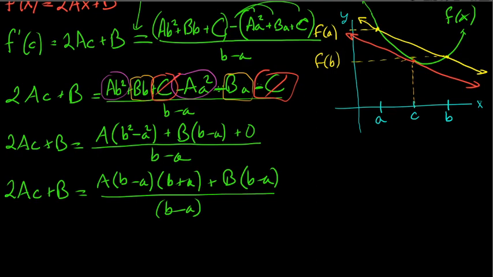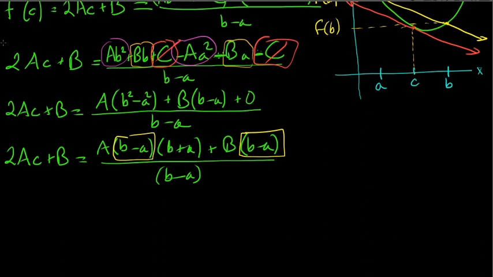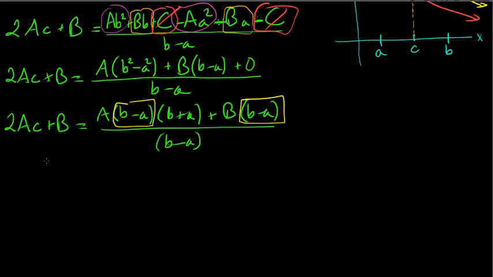And now notice that the b minus a here and here, that's your GCF, that's your common factor. So we can factor that out. Again, the left side will stay the same. So we get little b minus a, and then in brackets here we get capital A times b plus a. Well, b plus a is a plus b.